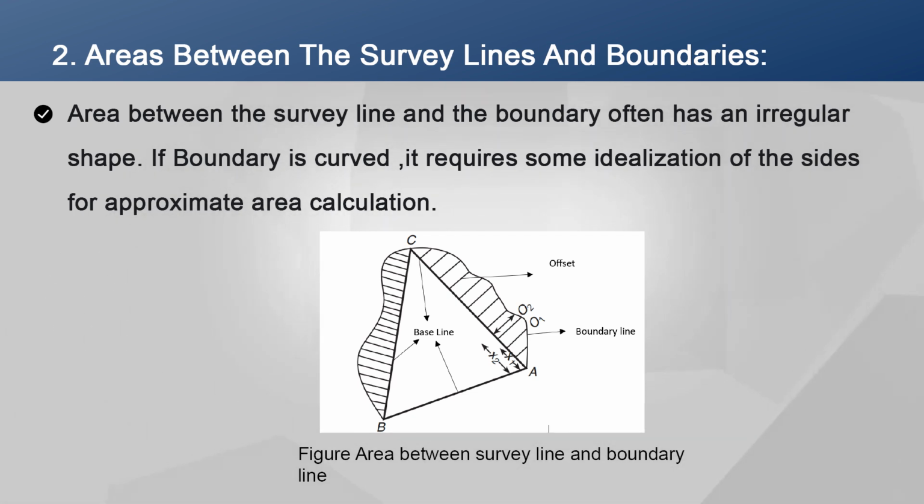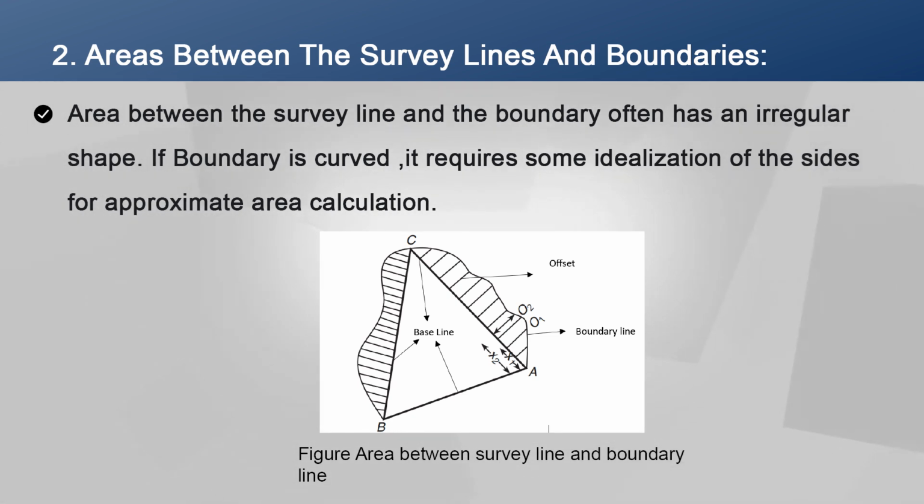So, we can approximate the curved part of the boundary using some consideration like a straight line or a curvature of known order, so that we can utilize our basic formulas for calculation of area with a good amount of accuracy. How we idealize the curved boundary into a trapezoid or a parabola, we are going to discuss in detail.